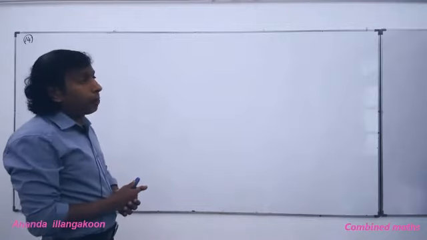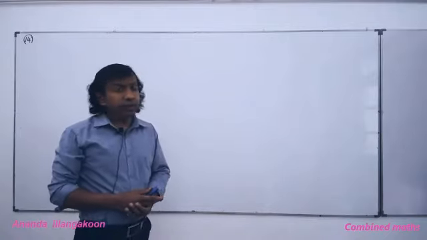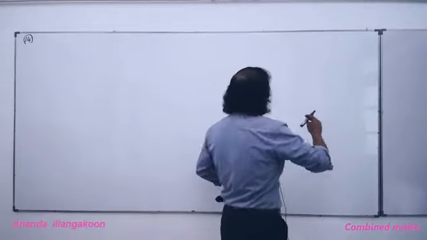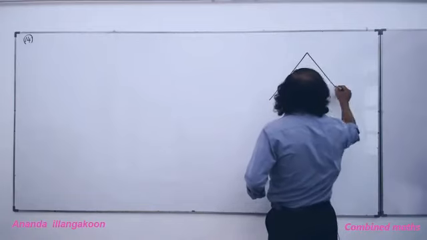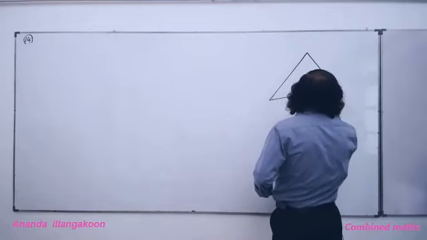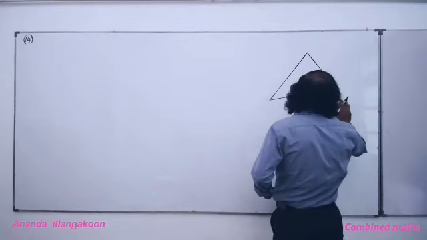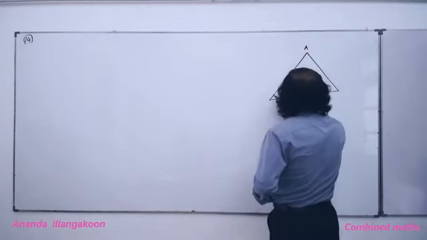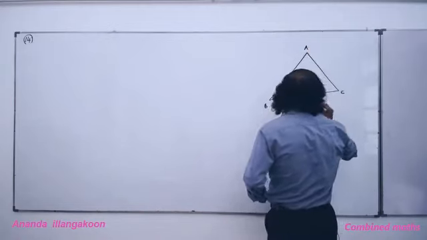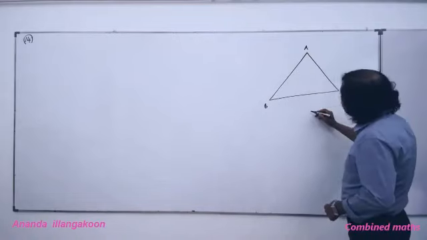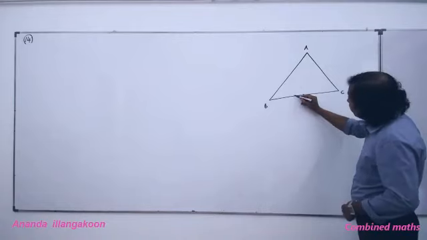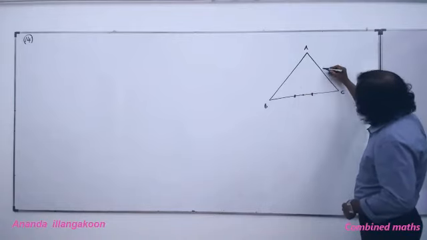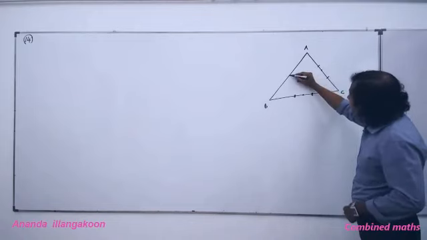When we consider a triangle, there are some centers. Considering this triangle as ABC, I can mark the midpoints of these sides. This is the midpoint of side BC, this is the midpoint of side AC, and this is the midpoint of side AB.